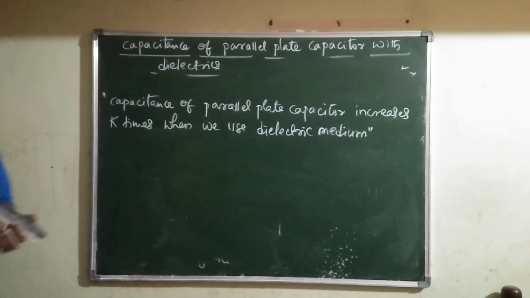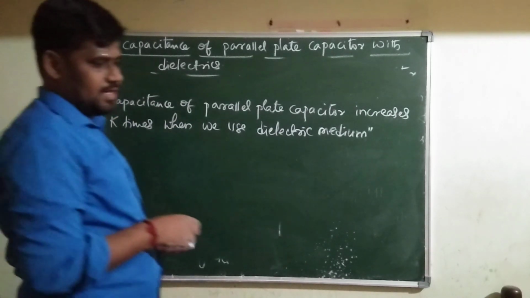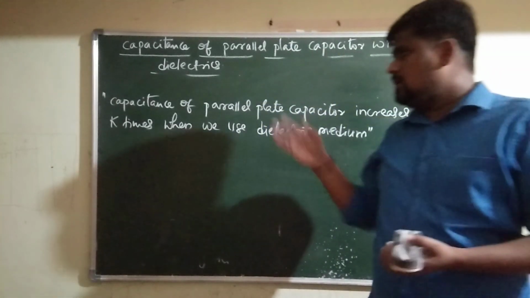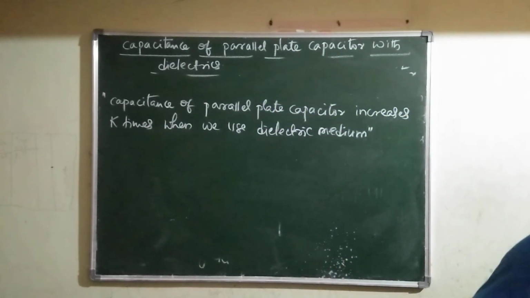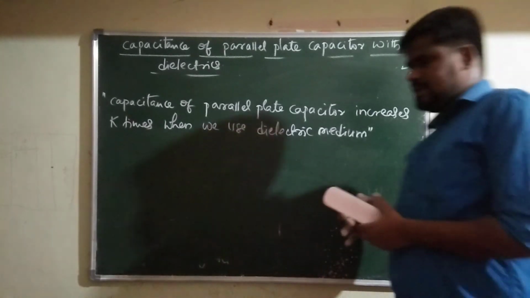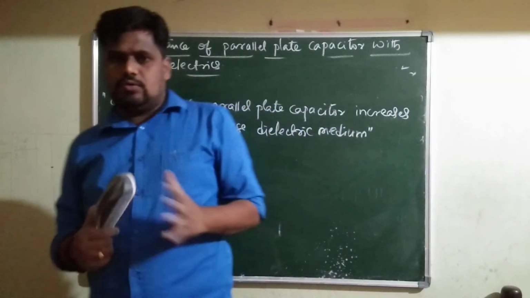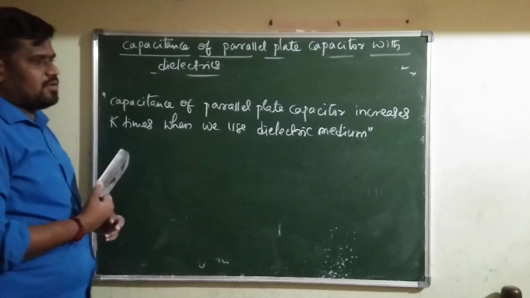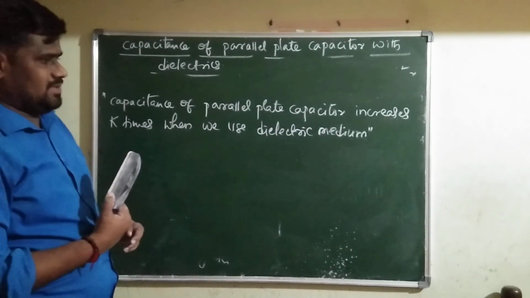So its capacitance increases K times. What is K here? K is called the dielectric constant of a medium. K stands for the dielectric constant of a medium. This is how the capacitance changes when you are using a dielectric medium between the plates of the capacitor.